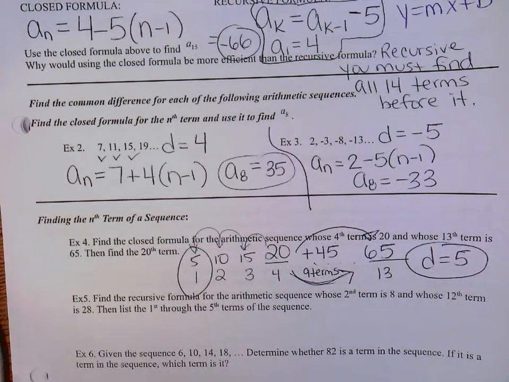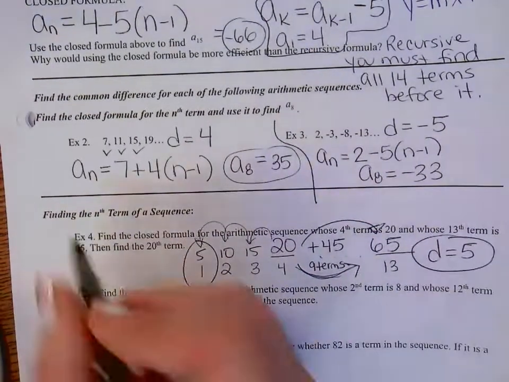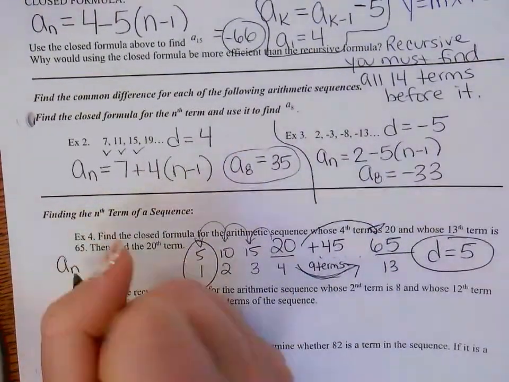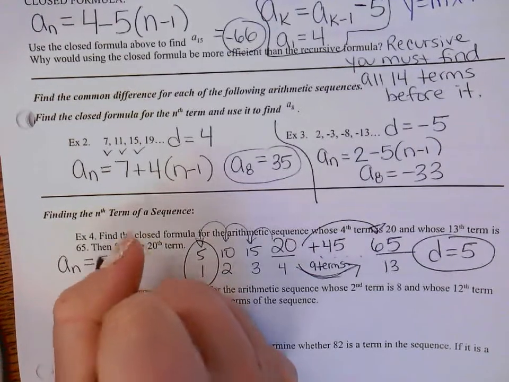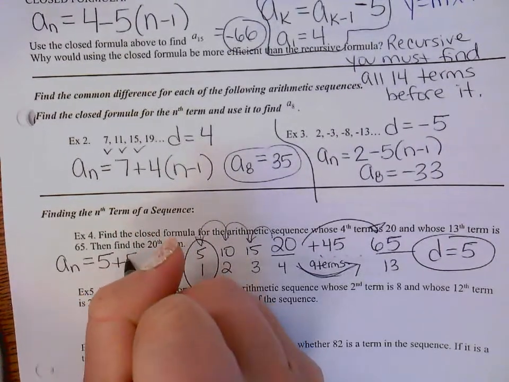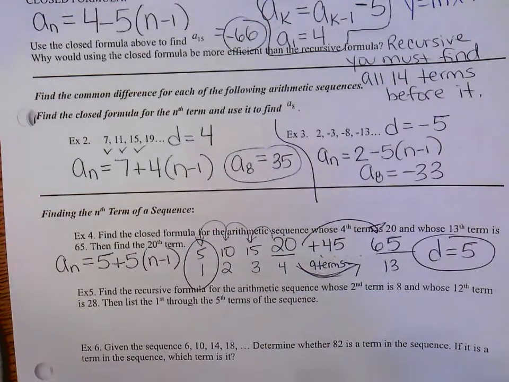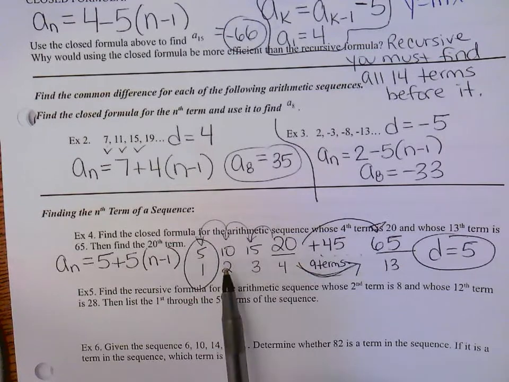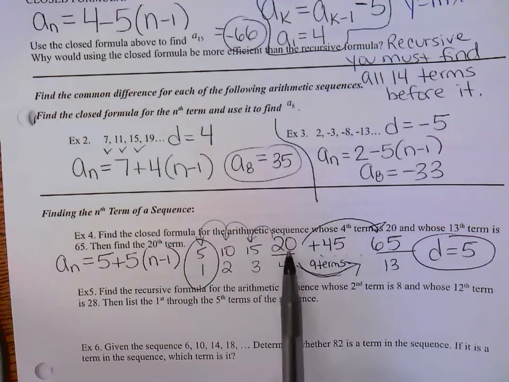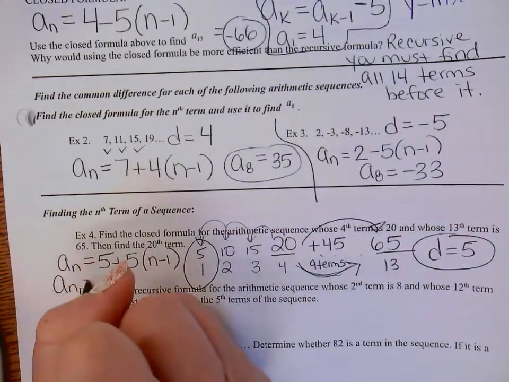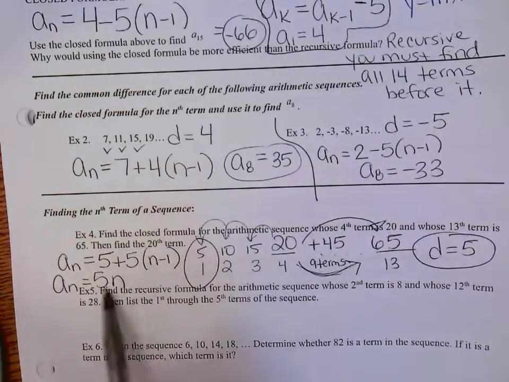So there's two ways you could write this sequence. Let's first write it the way that we've been practicing, right? My starting term is 5, and I'm adding 5 n minus 1 times. But these are really just the factors of 5, right? 5 times 1, 5 times 2, 5 times 3, 5 times 4. So your shortcut formula could just be 5n.